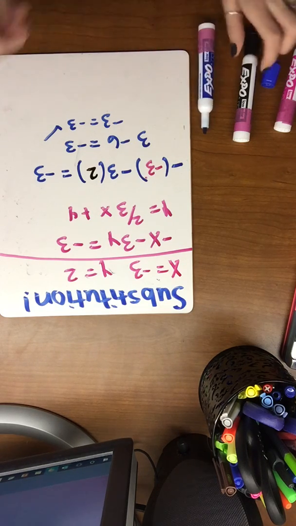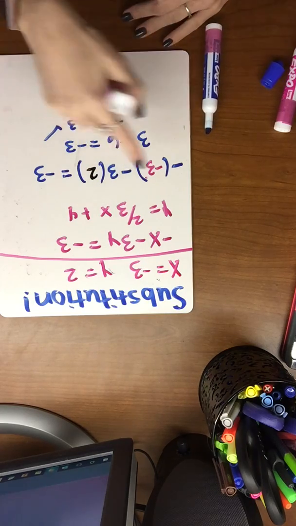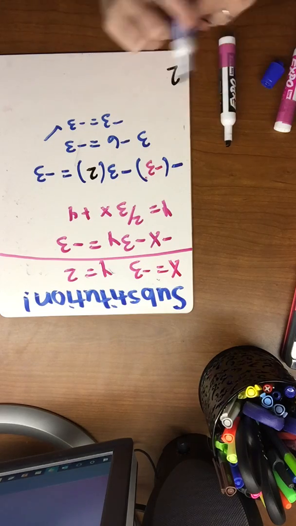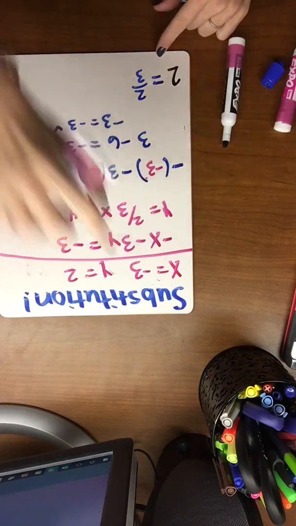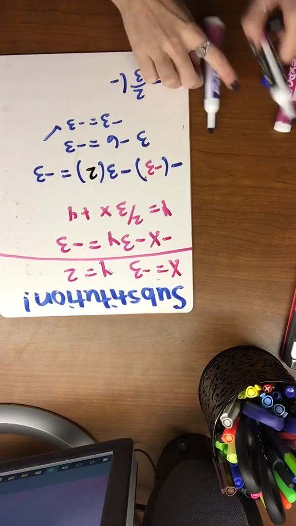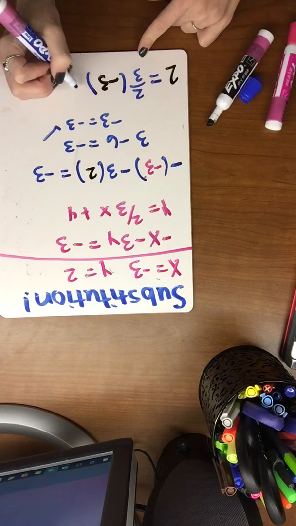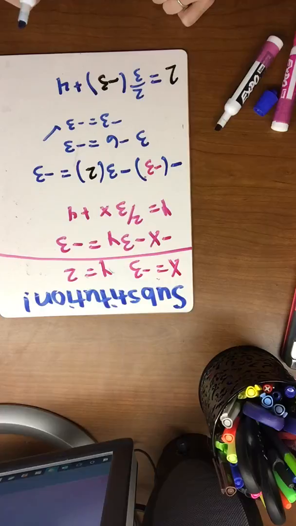Now we have to check the other one, y equals 2/3 x plus 4. We have y, which is 2. So 2 equals 2/3 times our x, which is -3, plus 4. Does this equal 2?